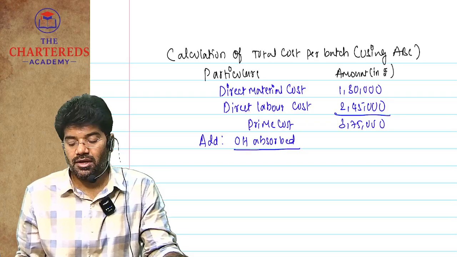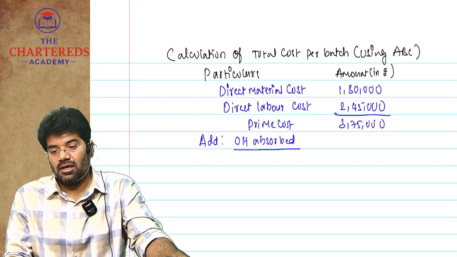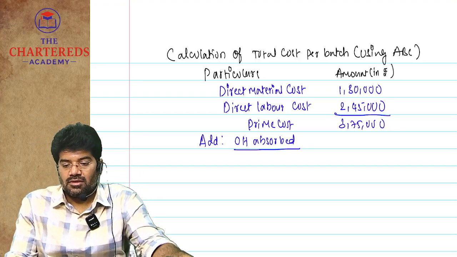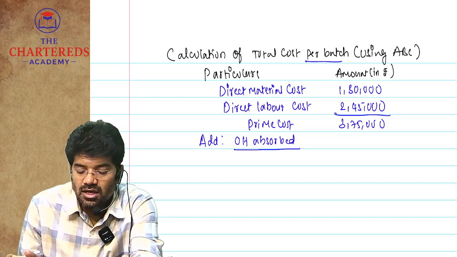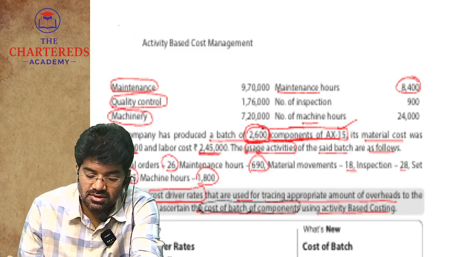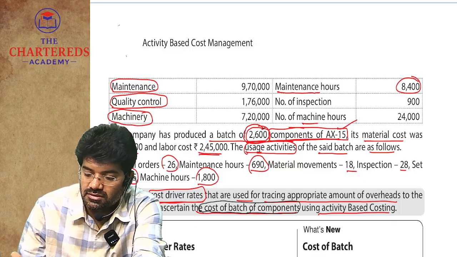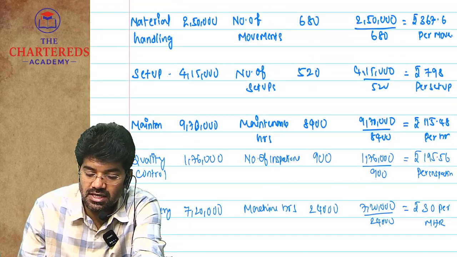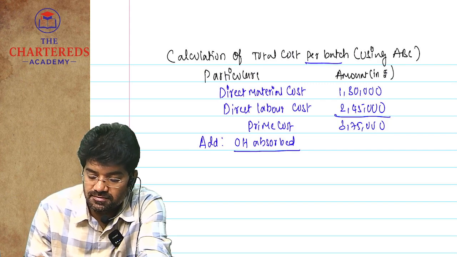So we have to charge this activity-wise. Now for this batch they have given how many cost drivers, that is resources, were consumed. You have to charge for every activity. What is the first activity? Material procurement activity cost we should charge.